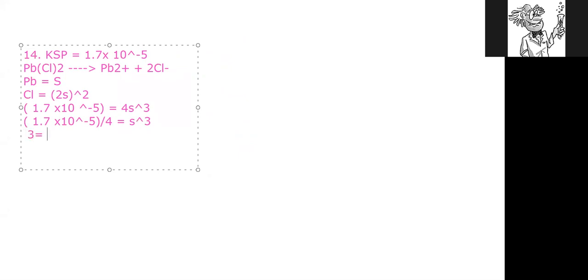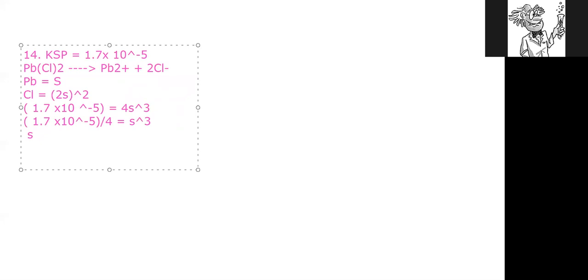So S is going to equal, oops, my calculator. We need to divide 1.7 times 10 to the negative 5 by 4, and then you also need to cube root that as well.